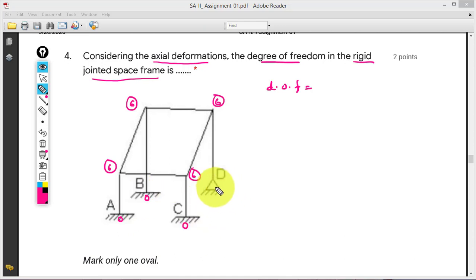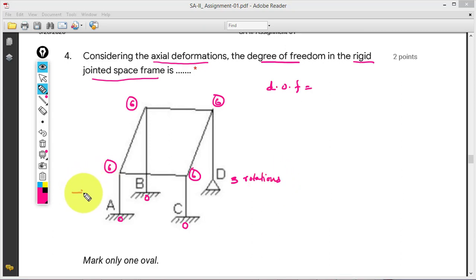And here we have a pin joint, so all 3 translations are arrested, but 3 rotations are possible: rotation about the x axis, y axis and z axis. So at support D we have 3 degrees of freedom, which are the 3 rotations.